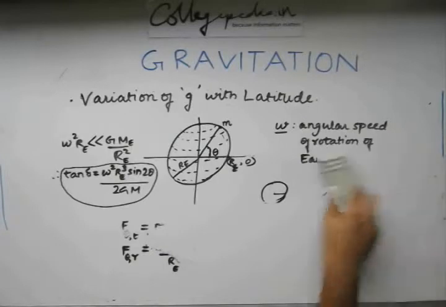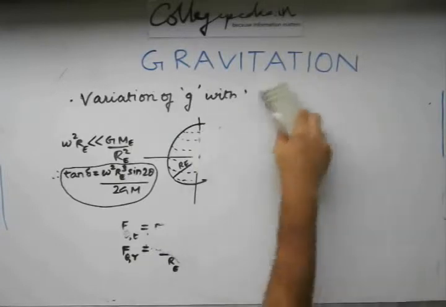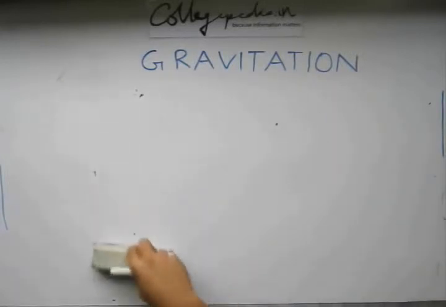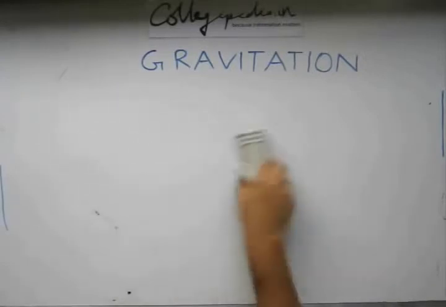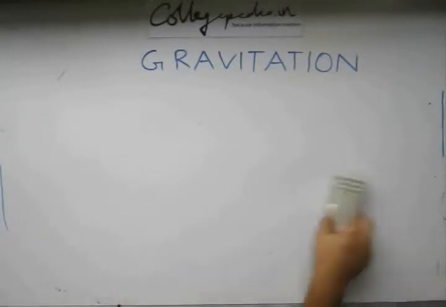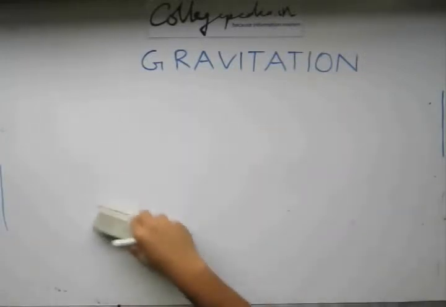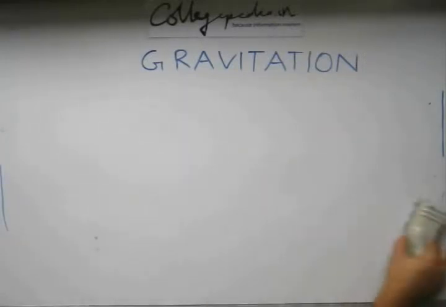The next thing we look at is going to be the critical velocity. This term has much relevance as far as satellites are concerned.